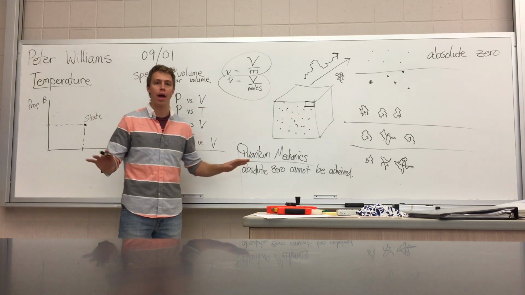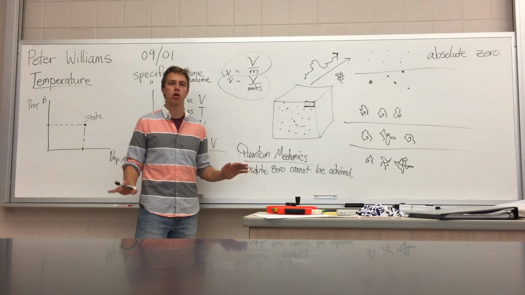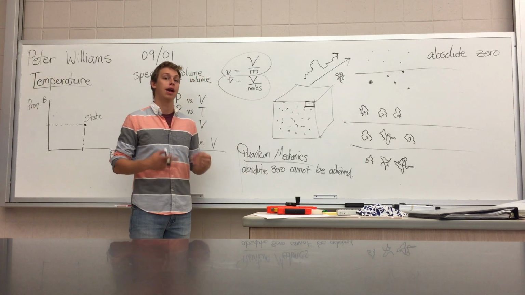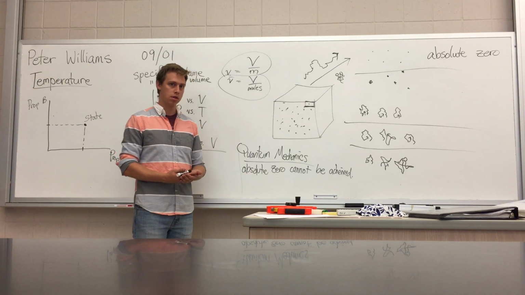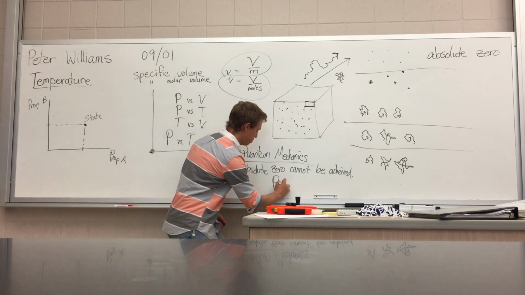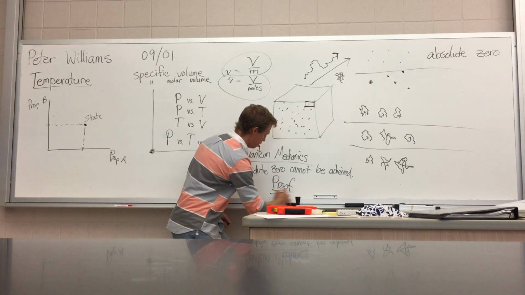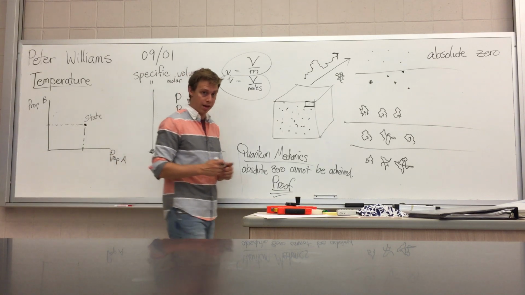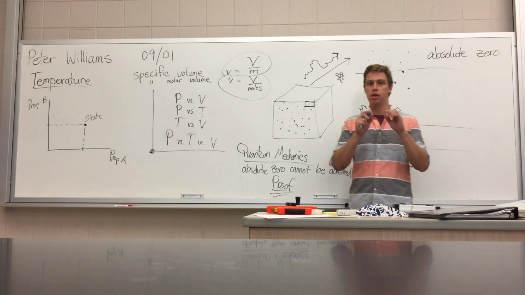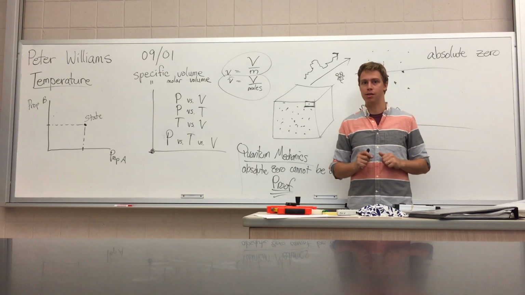Nowhere, no way, not in the universe, not for all time, will we ever actually have anything at absolute zero, where there's zero motion. And this is a proof. That's proven. Quantum mechanics gives us the ability to prove that.